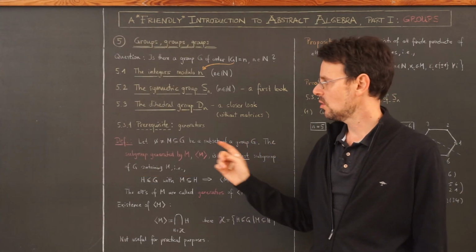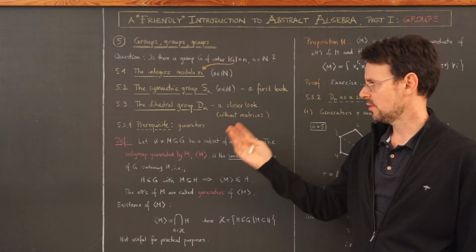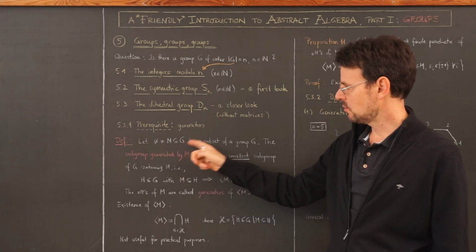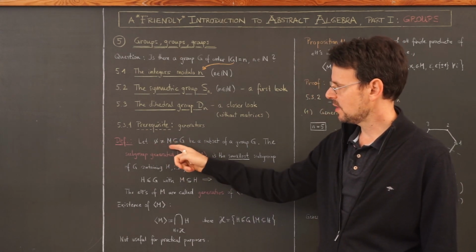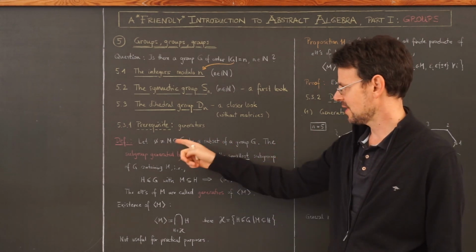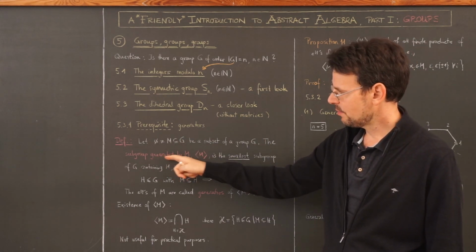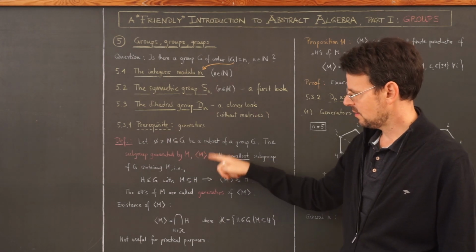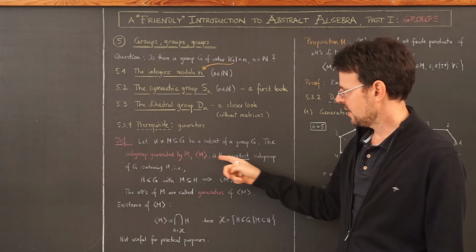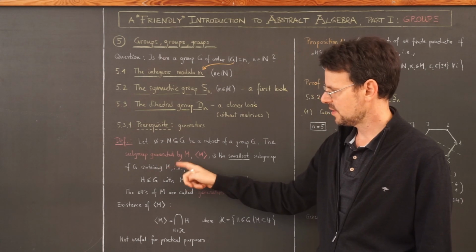Okay, to achieve this goal we need the following prerequisite on generators, or the group generated by a set. As always, G is a group. We take a non-empty subset M, not a subgroup, this is important, an arbitrary subset, and then we define the subgroup generated by this set, in this notation, in these pointy brackets, as the smallest subgroup of this group G containing this set.